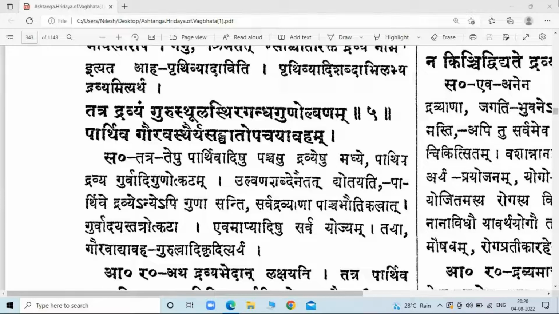Instead, it is taken from Vaisheshika Darshanam, Kanadam. Vaisheshika Darshanam is a school which is trying to study and explain the physical world, the Bhuta Prapancham.